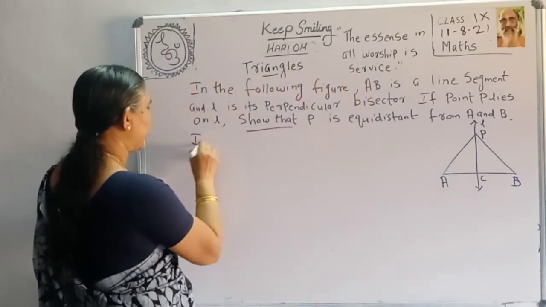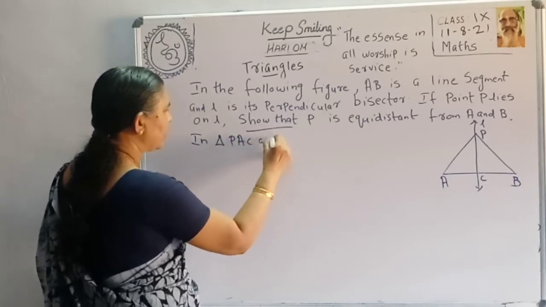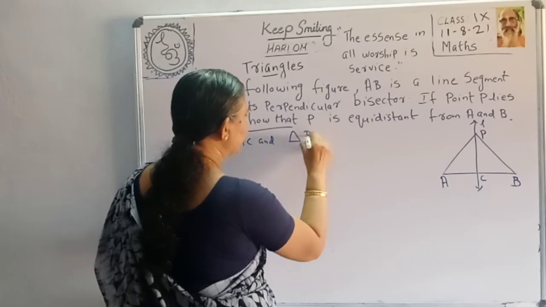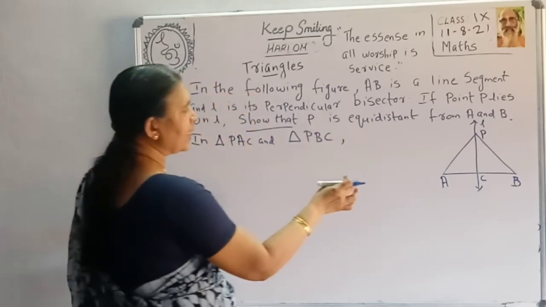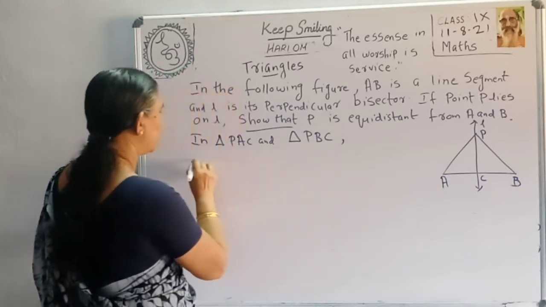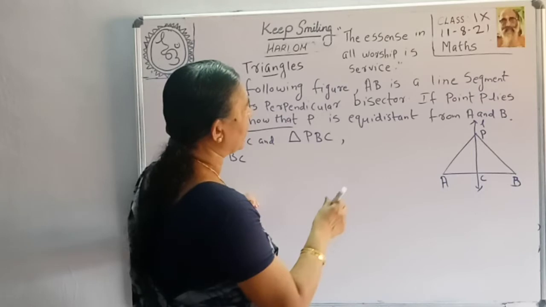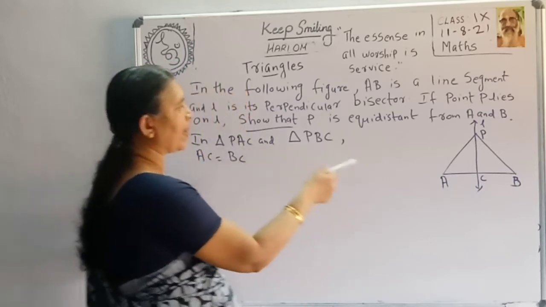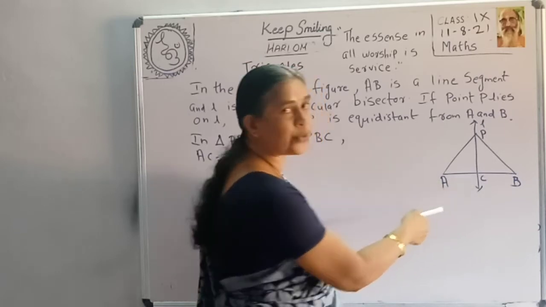Then in triangle PAC and triangle PBC, AC is equal to BC. Why? Here it is given that AB is a line segment and L is its perpendicular bisector. So the perpendicular bisector divides the side into two equal halves.